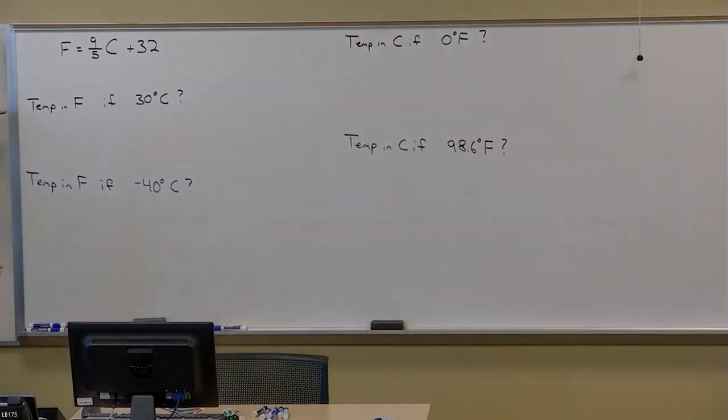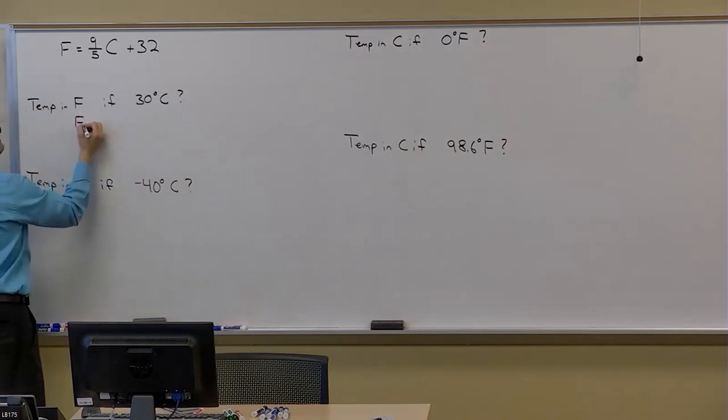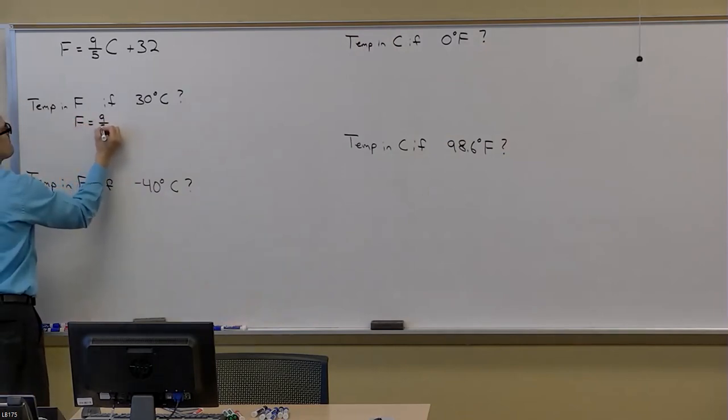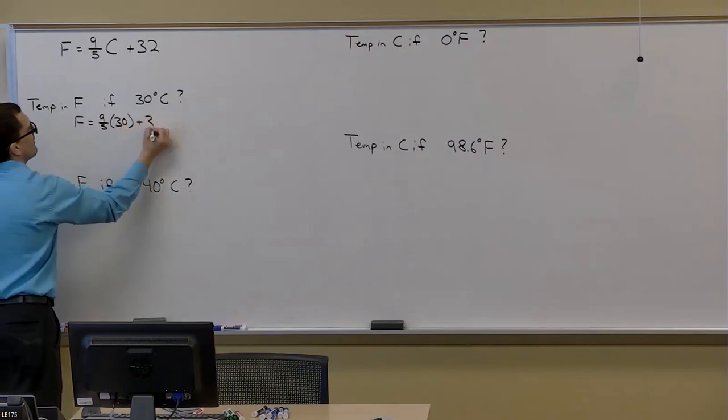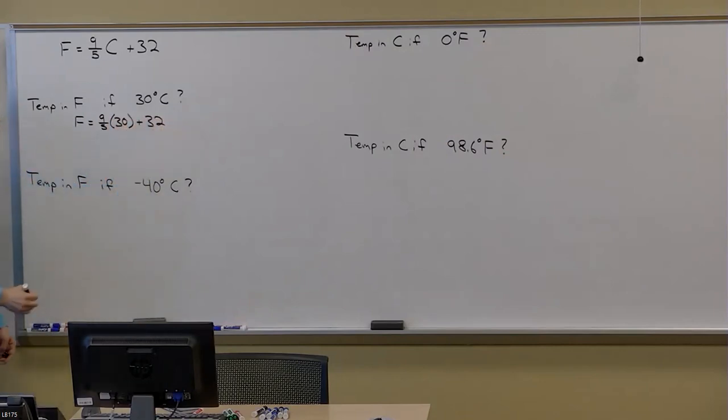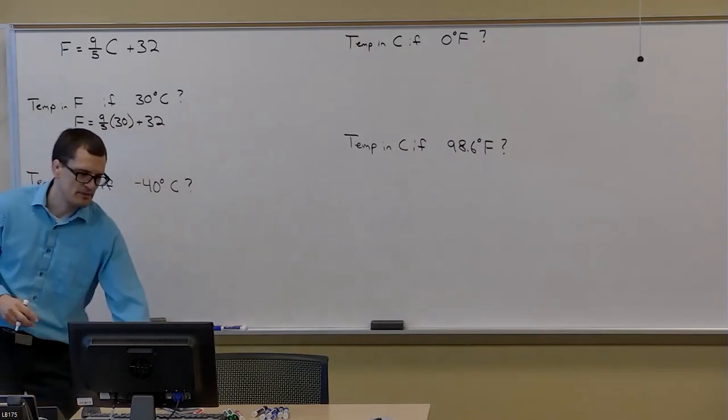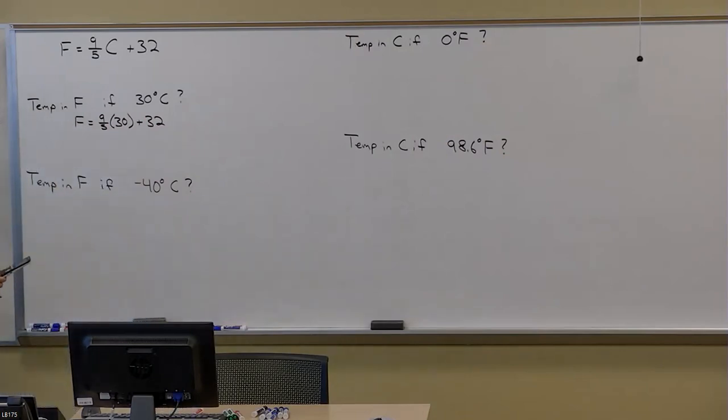So these are a little bit easier. Going from Celsius to Fahrenheit is a little bit easier because I can just take my equation and plug in whatever number I want. In this case, we start by plugging in 30. And then it's really easy to plug in 30 on our calculator.